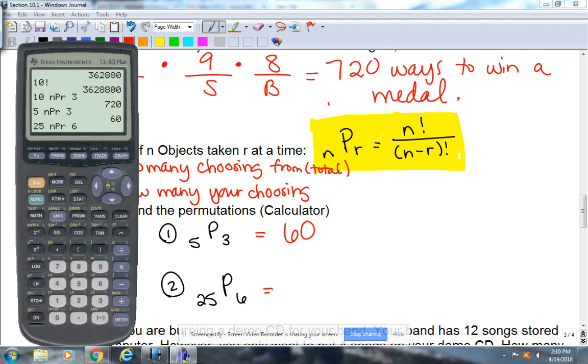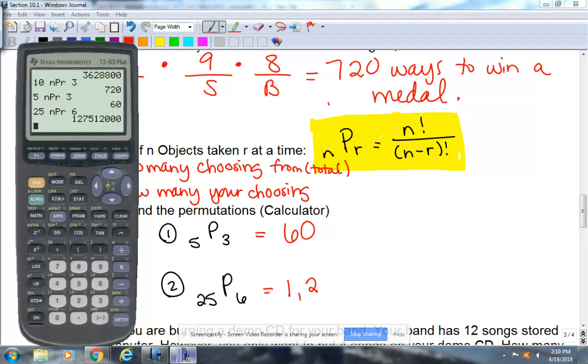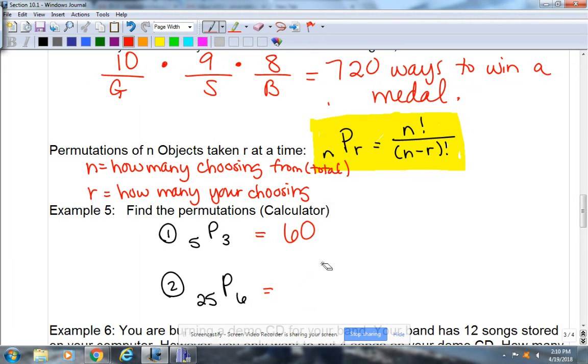Is that a big number? Yes. Should be. Good Lord. 127,512,000. So what does that mean? I'm going to make sure I write it: 127 million?